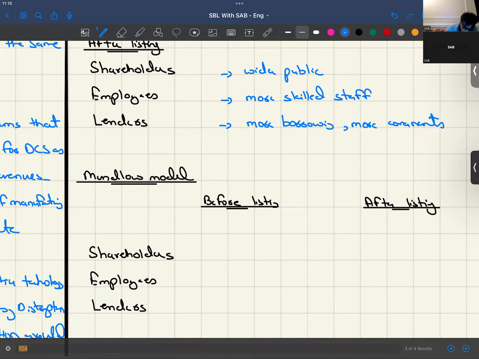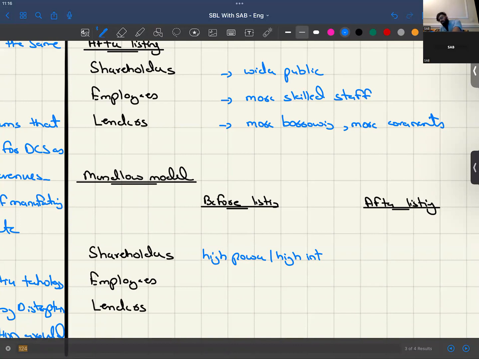So before listing, I would say the shareholders have high power and high interest. You could say high power, low interest. That's totally on you. Your answer and my answer could be different, but we both should have valid justification.